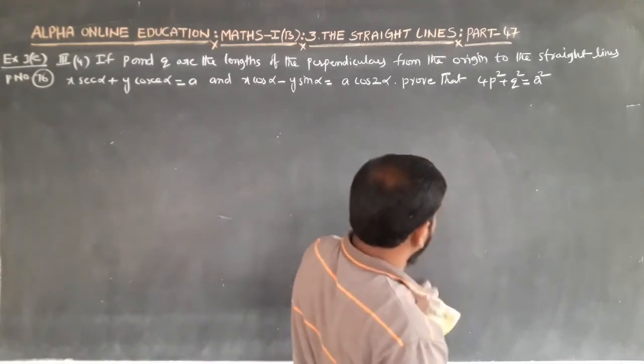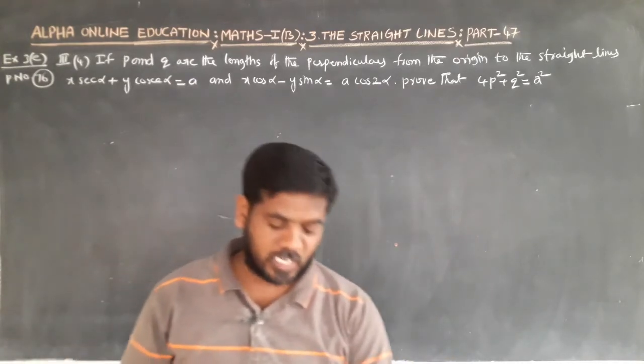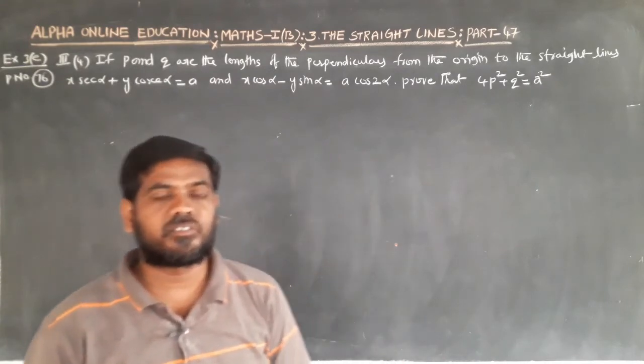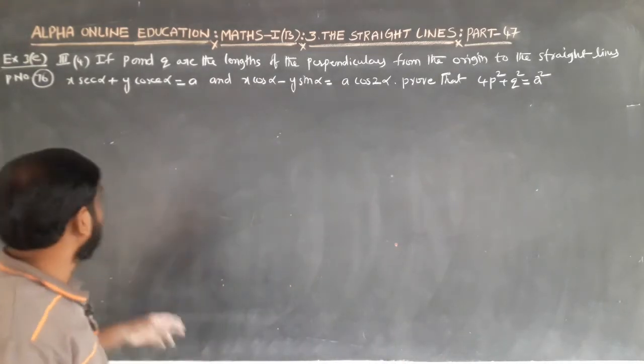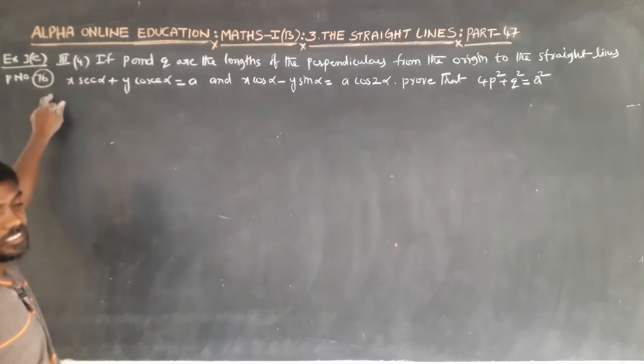One most important 7-mark problem, 3rd chapter, the straight line, exercise 3E, 3rd bit, 4th problem, page number 76.